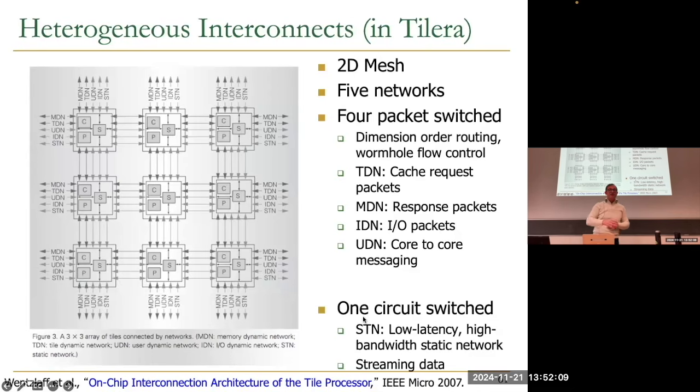If you're streaming data between one core and another core, it's much better to have an interconnect dedicated to that streaming data. We'll see that circuit switching is one way of satisfying that. For other data, maybe you need different types of interconnects. Basically, they had 5 different networks on this chip to deal with 5 different types of packets: cache requests versus responses versus IO versus core-to-core messaging versus streaming.